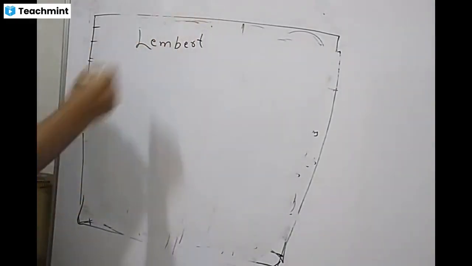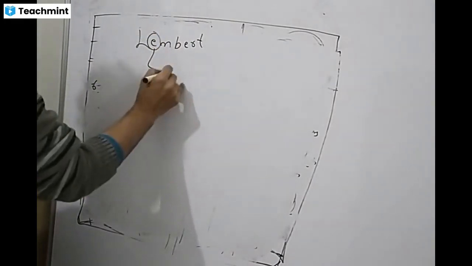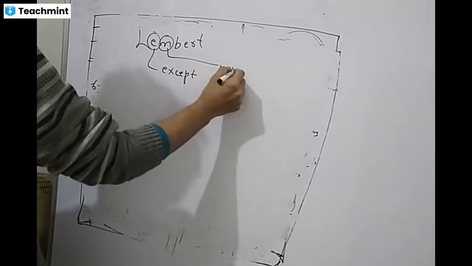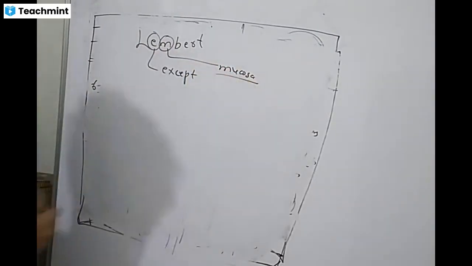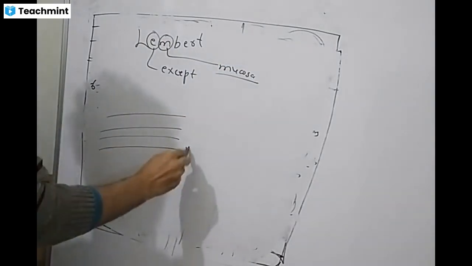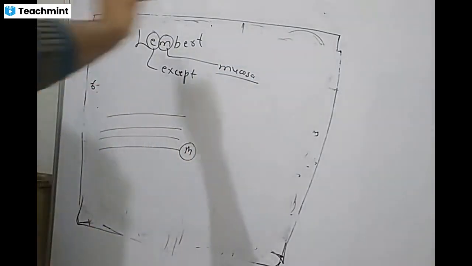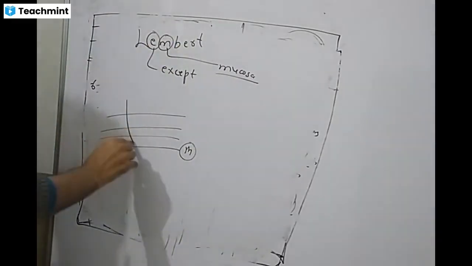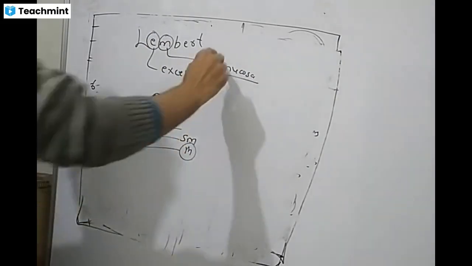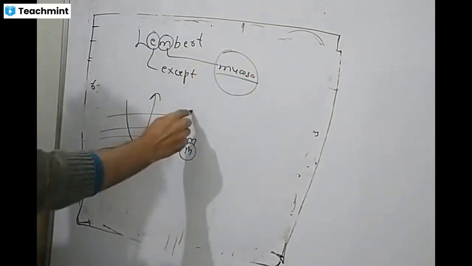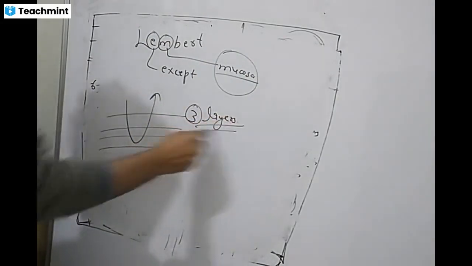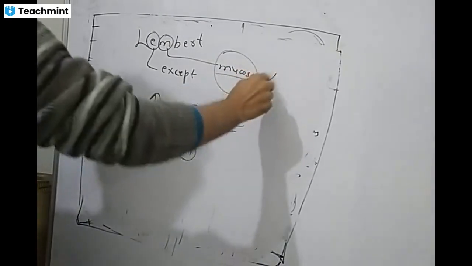From the name itself, Lambert is E for except, M for mucosa. There are four layers, 1, 2, 3, 4. The fourth one is mucosa. In the Lambert pattern, we enter up to the submucosa. Means except mucosa, only three layers are entered. So mucosa is not entered.